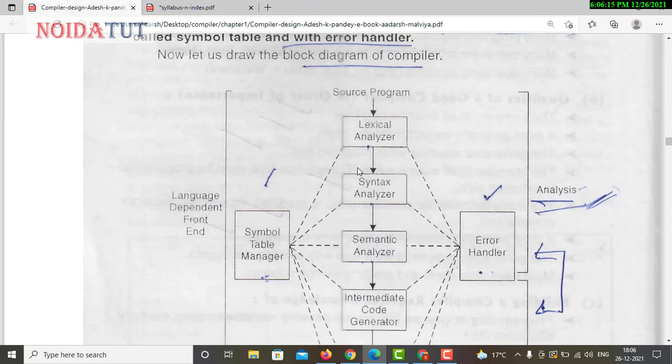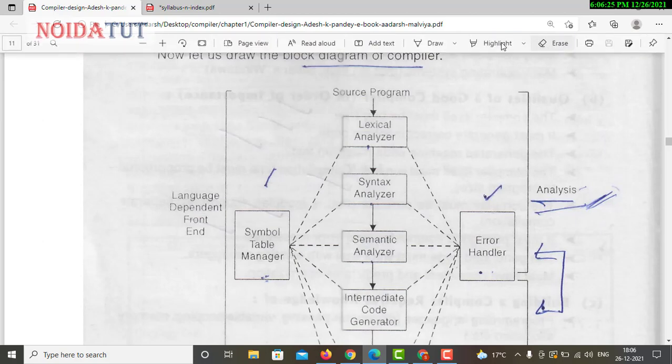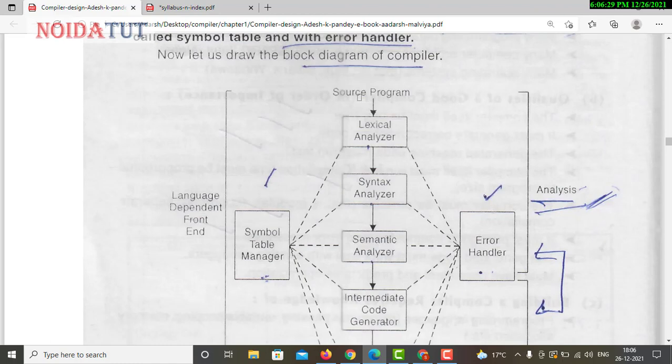So these phases of compiler are divided in two parts: analysis and synthesis part. In the analysis part, now see what happens in this case. Further we are going to see peephole optimization, so we are always going to follow such steps. We have the source code in the lexical analyzer.